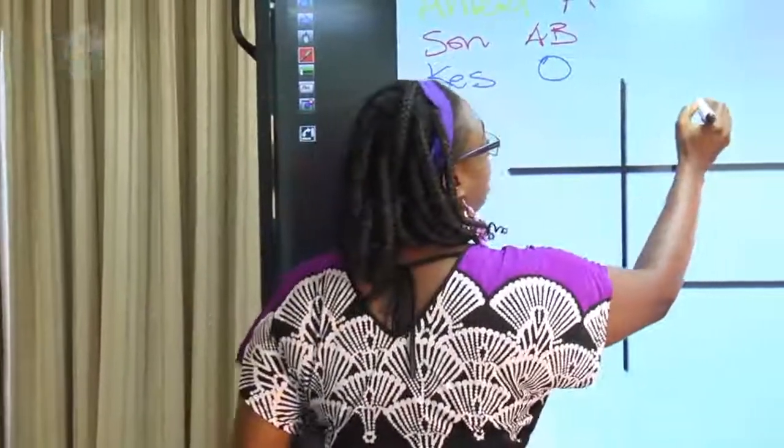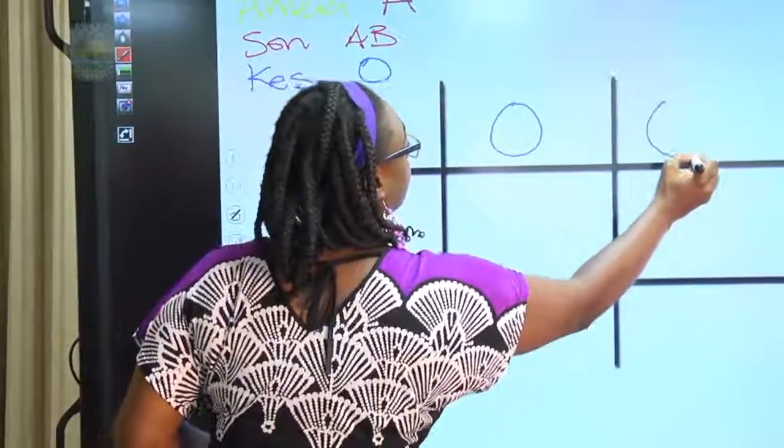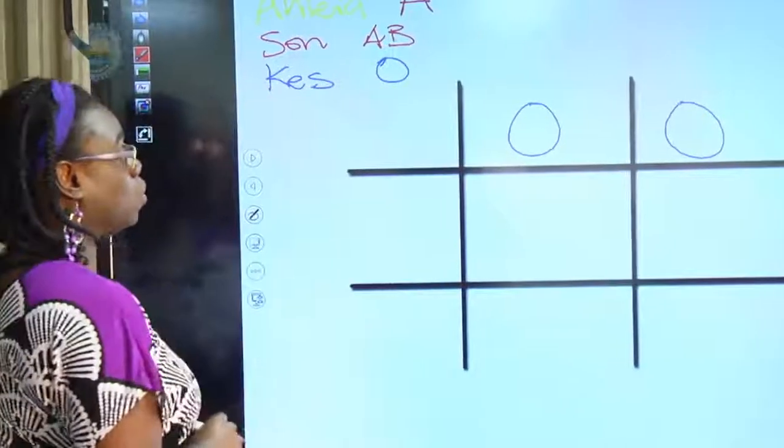So we'll put Kes's alleles here, or his gametes rather, O.